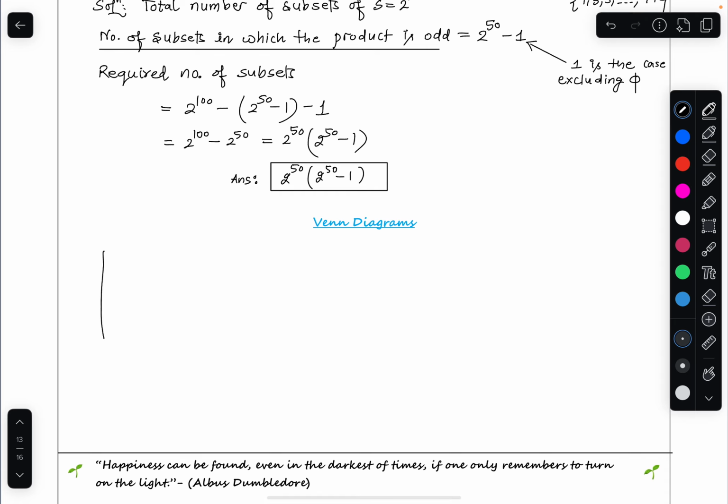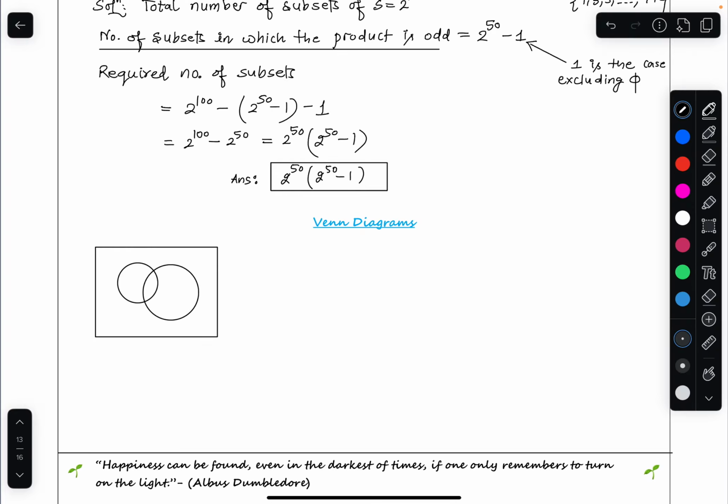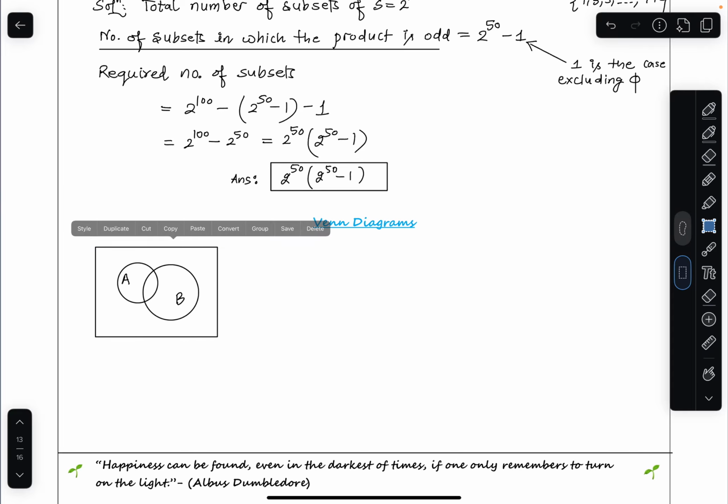Now, here is how we do it. The universal set is denoted by this rectangle. The sets that you have, A and B, are denoted by circles inside the rectangle. Let me mark the A here. Let's suppose this is the set A, this is the set B, and then we'll talk about the three operations that we have discussed earlier.